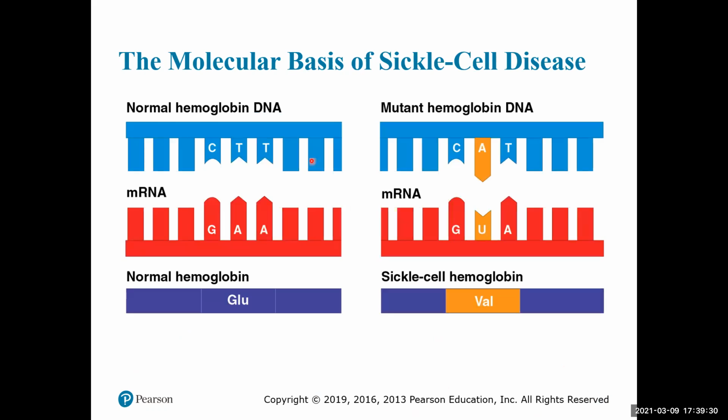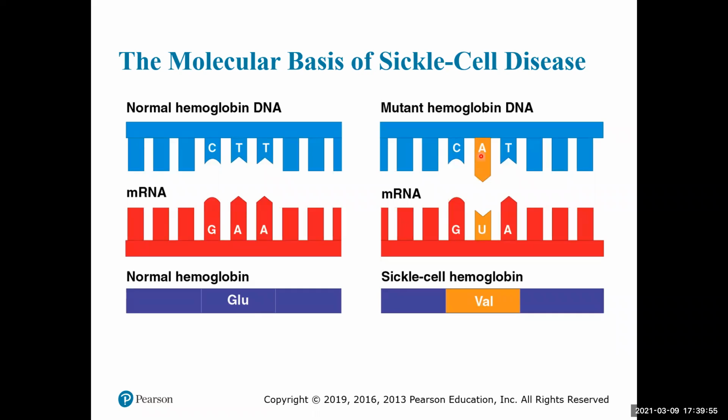So here we have a normal hemoglobin DNA sequence, the associated mRNA sequence, and the associated polypeptide. This particular codon, CTT in the DNA, or GAA in the mRNA, codes for a specific amino acid.